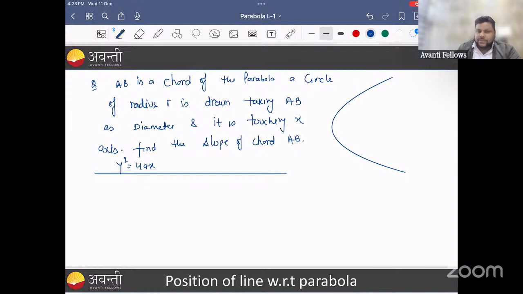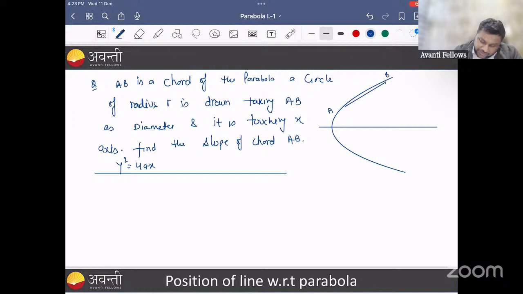Just give it a try. First of all, before starting the solution, draw a very neat and clean diagram. Got it? So see, this is the parabola we have. Now there is a chord AB like this.